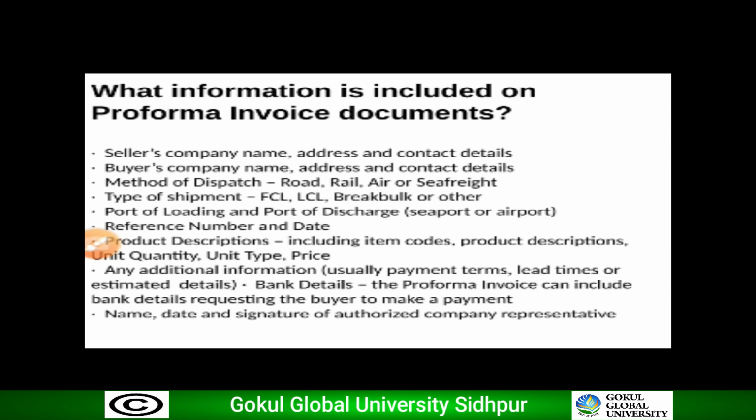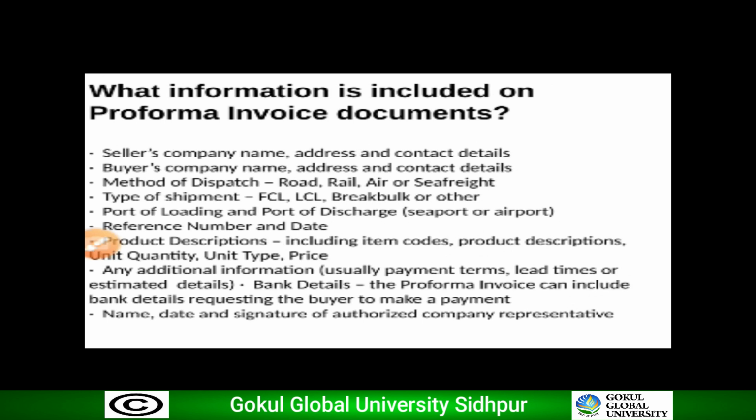Bank details are required. Without bank details, the buyer cannot make a payment. Last, name, date and signature of the authorized company representative. In the last column, buyer and seller both have to sign.